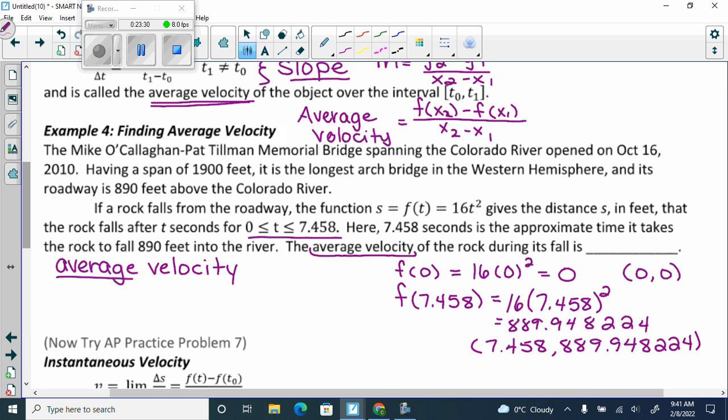So my x1, y1, I'm going to make be this one because it comes second. And then this would be x2, y2 because subtracting 0 does nothing. So that's why I'm putting those ones second. You can flip-flop them. You just get a negative divided by negative, which would still be a positive. It doesn't really matter. So if I get average velocity, I want to give myself some space. I'm going to go average velocity.